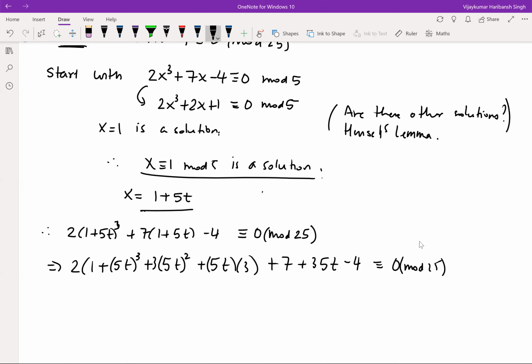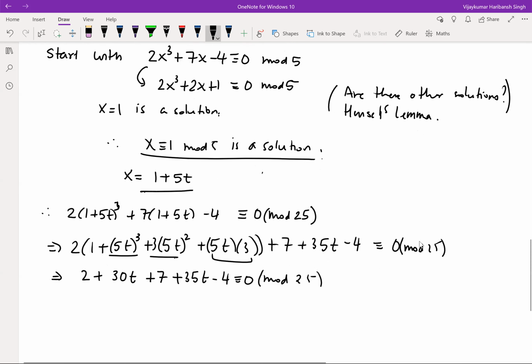Mod 25, this will become 0, and this will also become 0 because it has a factor of 25 in it. So this implies 2 plus, 5 times 3 is 15, 15 times 2 is 30, so 30t plus 7 plus 35t minus 4 is congruent to 0 mod 25.